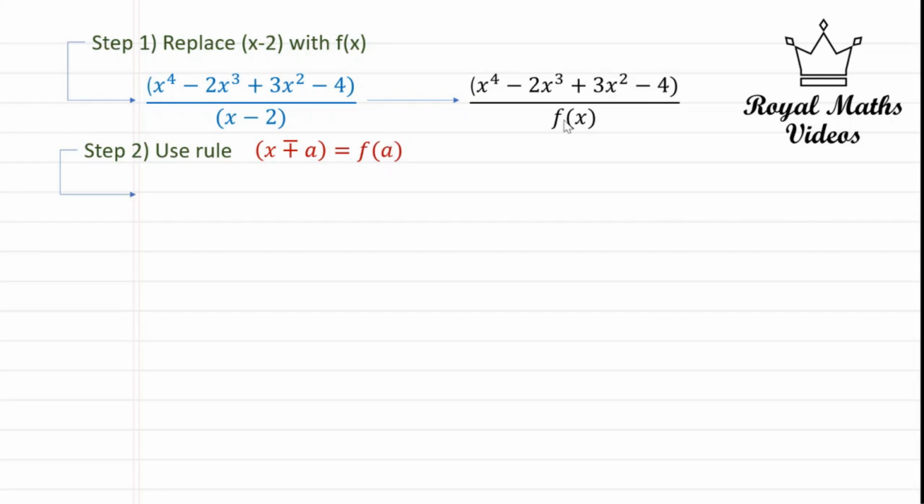Now the rule needs to be applied where x plus or minus a is equal to f of a. So this means x minus 2 will become f of 2. And then all you need to do is move this to the left hand side, so f of 2 is equal to x to the power of 4 minus 2x cubed plus 3x squared minus 4.